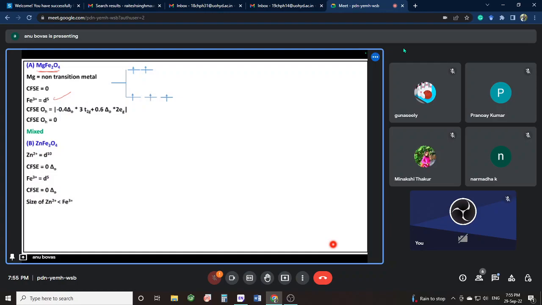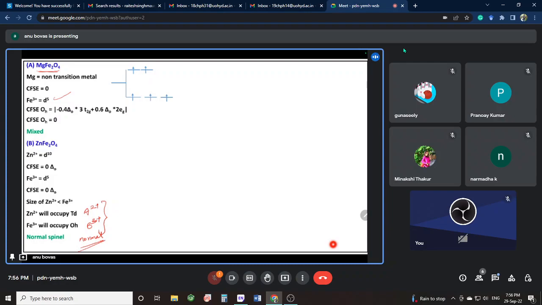Zn2+ is lower in size than Fe3+. So Zn2+ will occupy the tetrahedral voids and Fe3+ will occupy the octahedral voids. That means A2+ occupying tetrahedral and B3+ occupying octahedral. So this is a normal spinel.